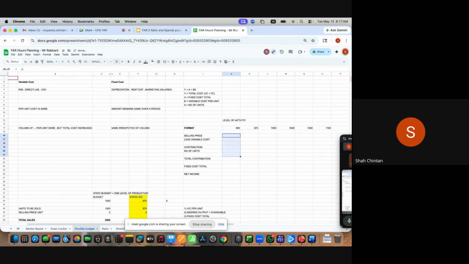This is a detailed format. आप budget बना सकते हो as per the historical days. अगर आपको आज के दिन में बनाना है, you have a fixed cost in total, this is going to be same. आपका variable cost per unit will be the same. You also have a number of output. This is the only variable factor or changing factor, which is the x in your formula. अगर आप ये formula use करोगे, you will get answers in seconds rather than preparing this entire particular format.